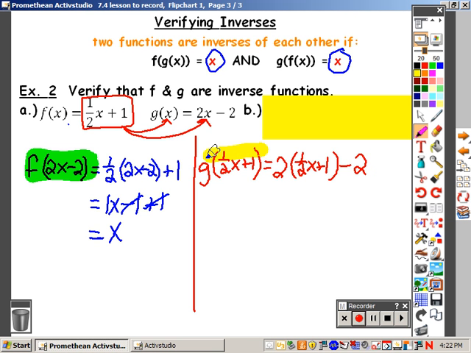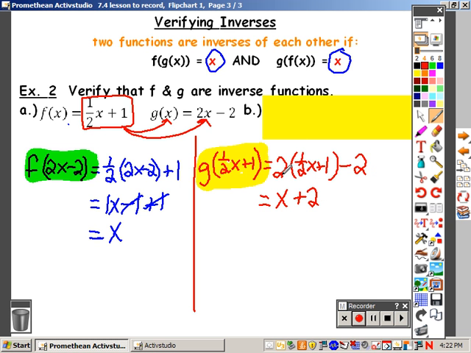Now, do I do any work on this side of the equation? I hope you said no. We don't do any work on that side. That side is just telling me what we just did. Now I'm actually going to work out the other side. And what should the answer be when I work it out? Hopefully you said x, because both of them have to work out and equal x. So 2 times 1/2 x would just be x. 2 times positive 1 would be plus 2.